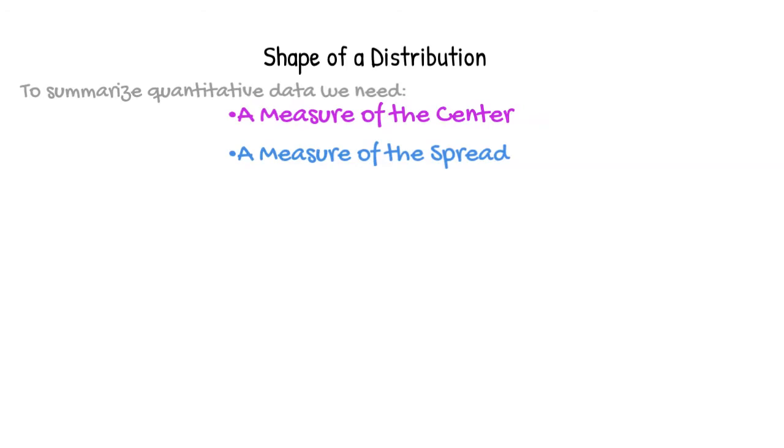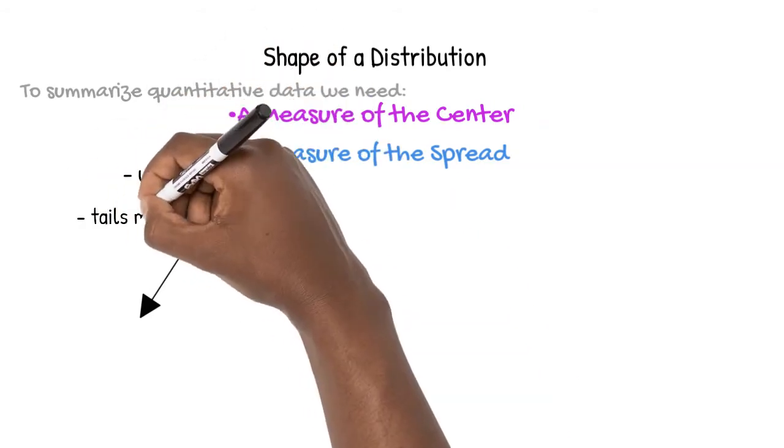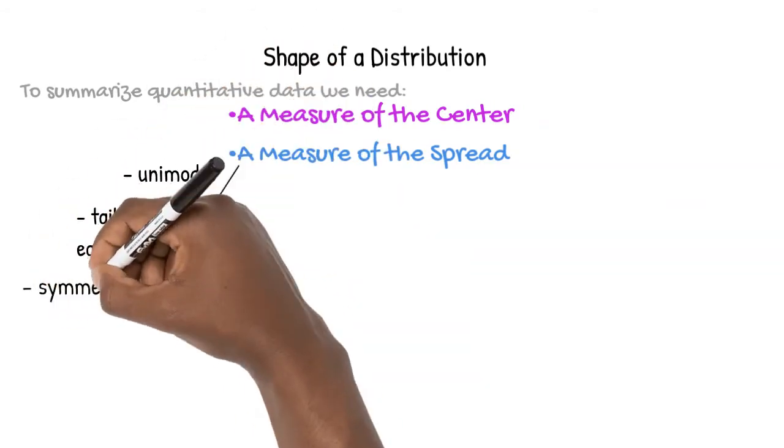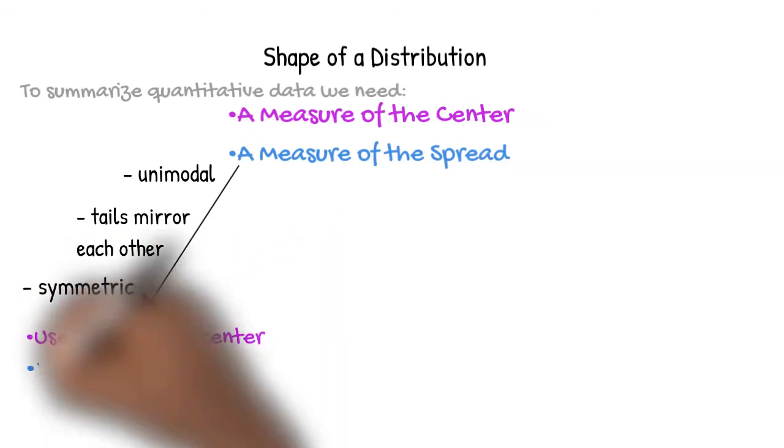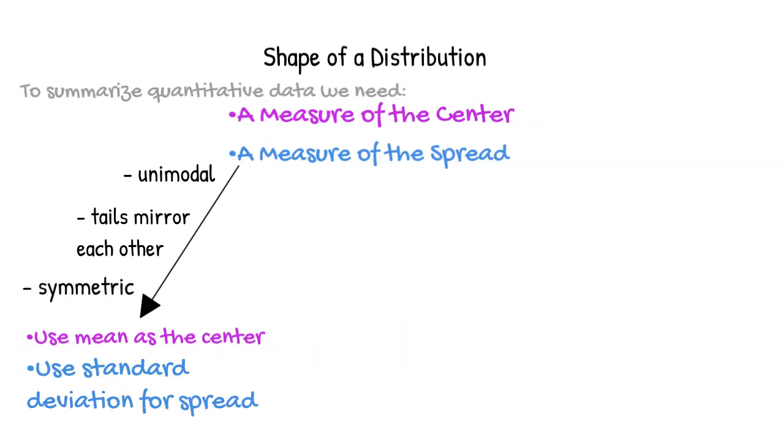If we display our data in a histogram or a stem and leaf and find that our data is unimodal, the tails mirror each other, and the data is symmetric, it is ideal to use the mean as our center and the standard deviation for spread.